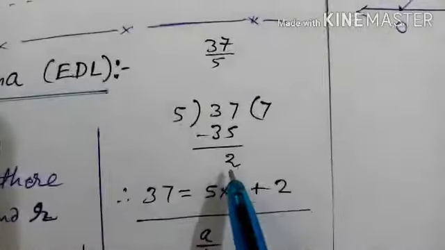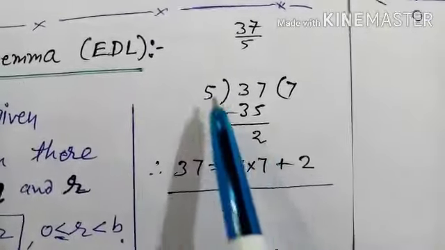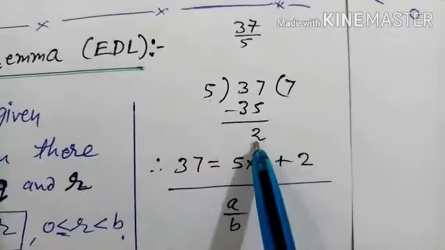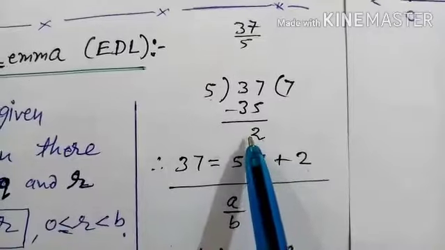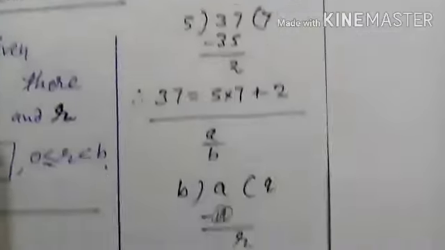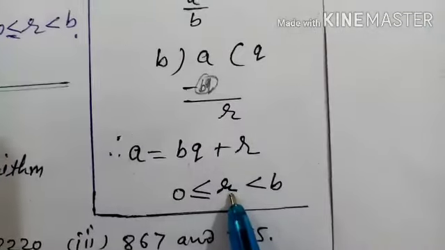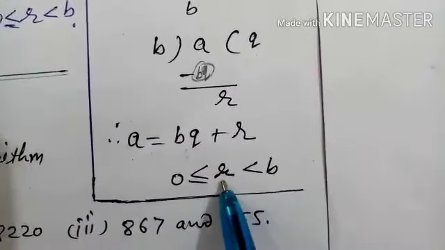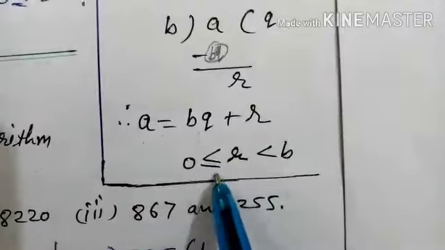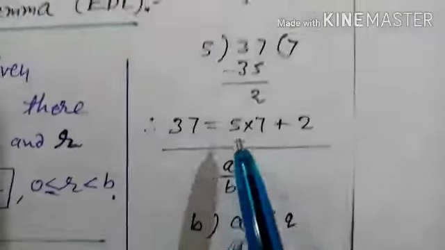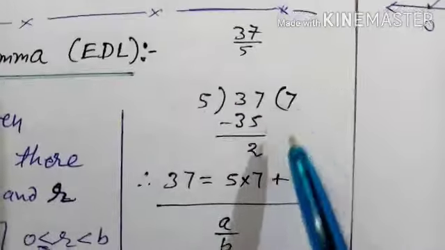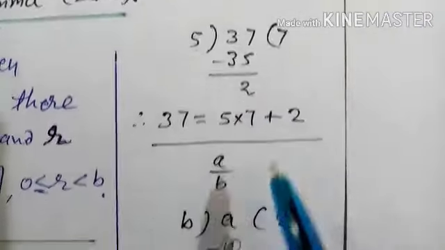Here, one more thing, note that the remainder is always less than the divisor. It means this remainder r is always less than b, but it is greater than or equal to 0. If it is completely divisible, then you will get remainder 0.